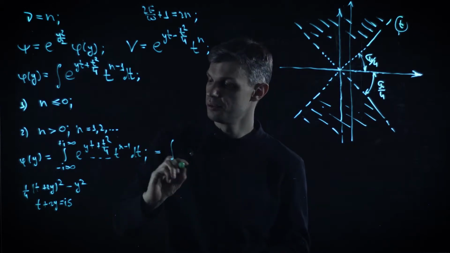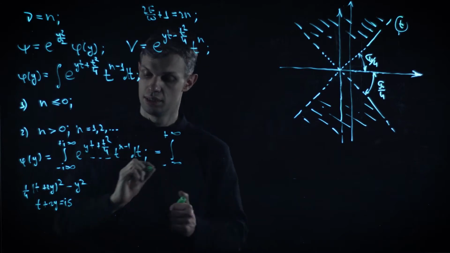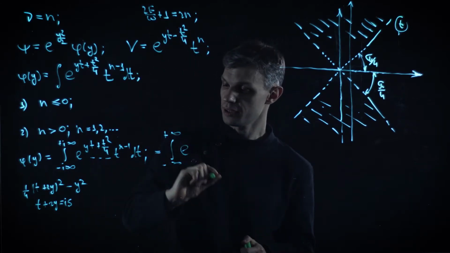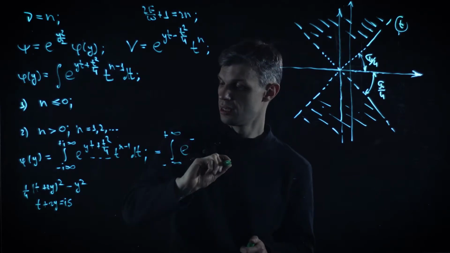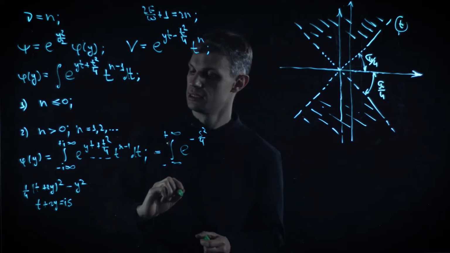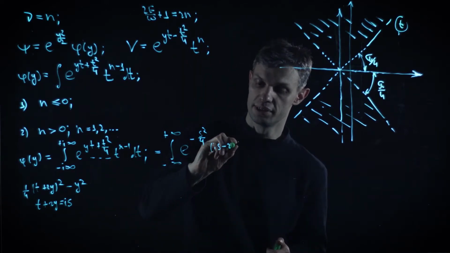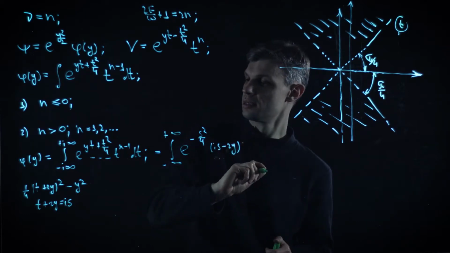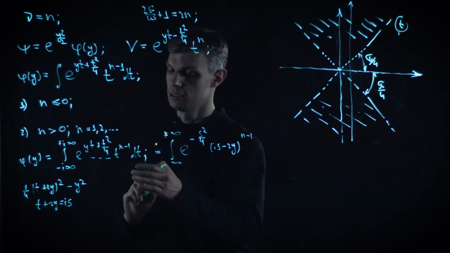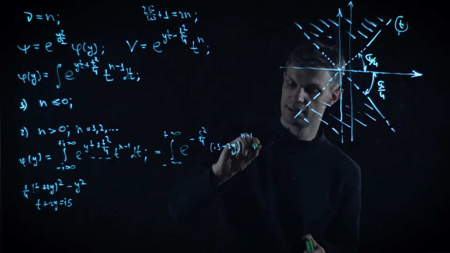This way, the integral becomes from minus infinity to plus infinity, e to minus s squared over 4 times (is minus 2y) to the power n minus 1 times i ds.